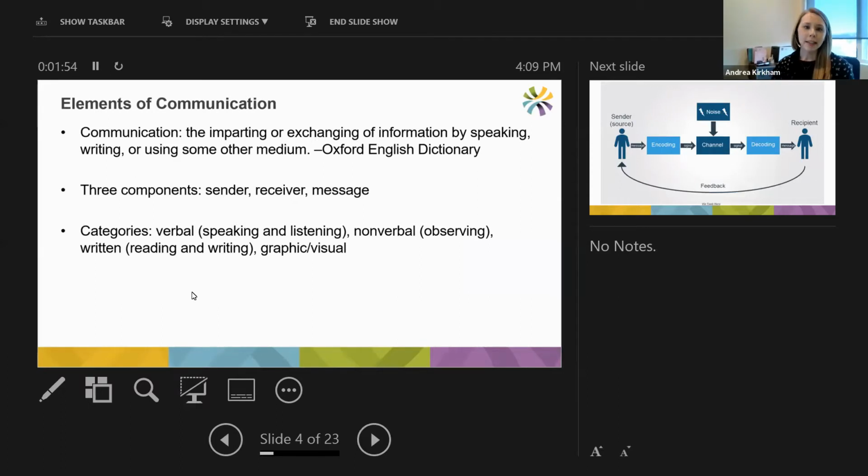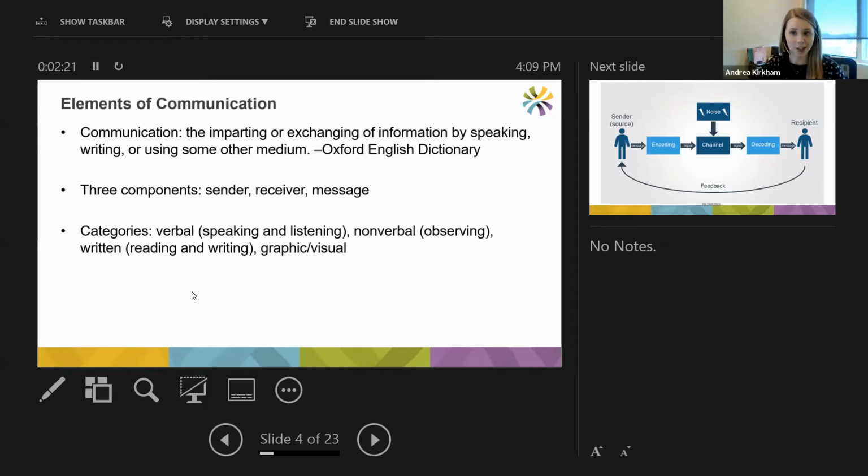So with the elements of communication, we basically start with just a summary definition. You can find one in any dictionary online. You can probably come up with one yourself. But here we've got the imparting or exchanging of information by speaking, writing, or using some other medium. I know some of those words might be a little here nor there, but the main critical point is the exchange of information.